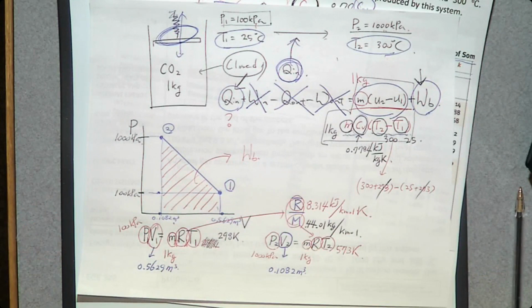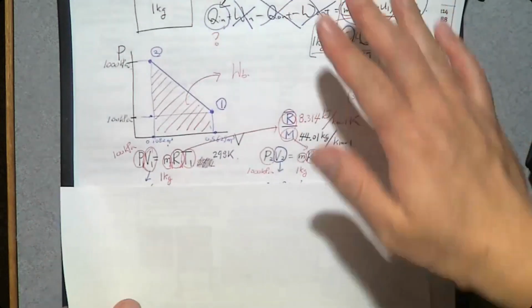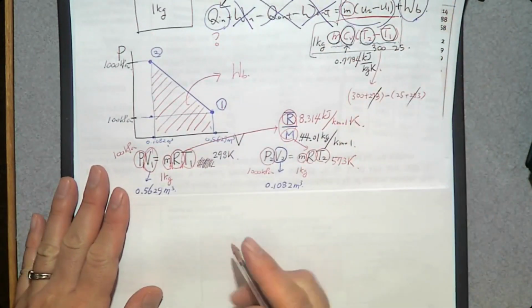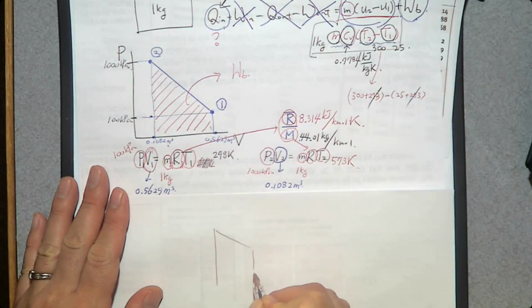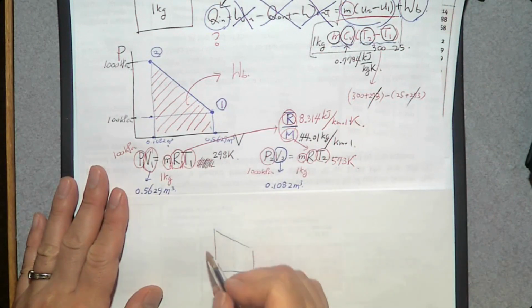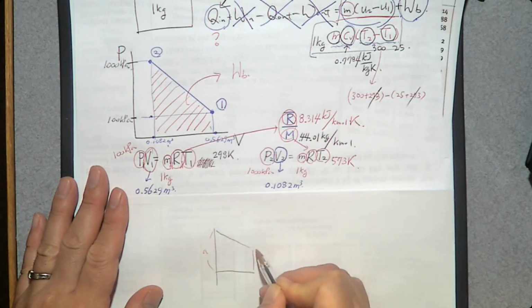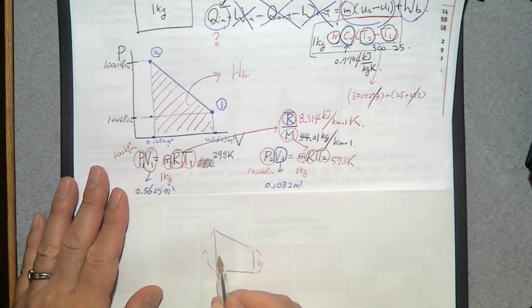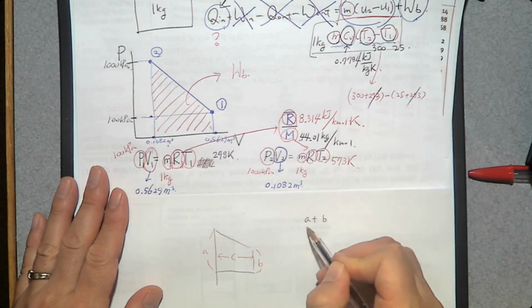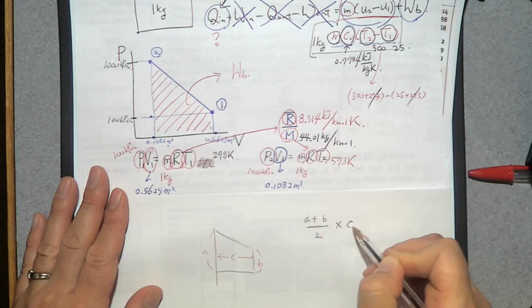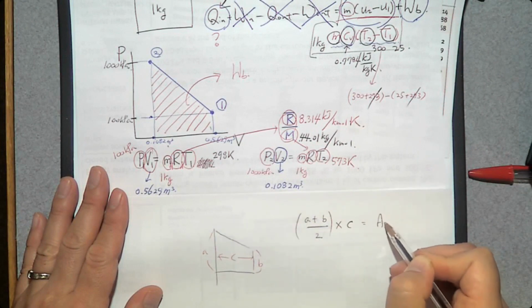By the way, do you know how to determine the area of this shape? If you have this kind of geometry, the way to calculate the area is simple. This one is A, this one is B, and this one is C. The area can be determined by A plus B divided by 2 times C. That is the area.